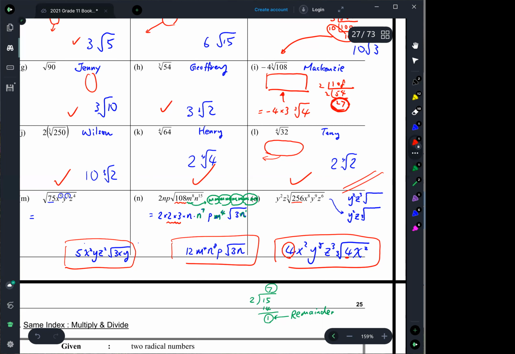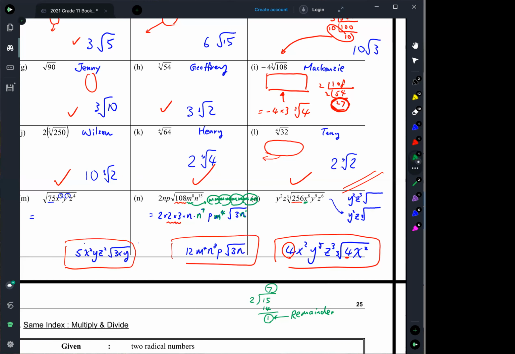Now for the variables, let's start with the x. Inside we have 8 of them, and we need triplets to go out. We need 3 x's in a group. So how many groups of x can we make?